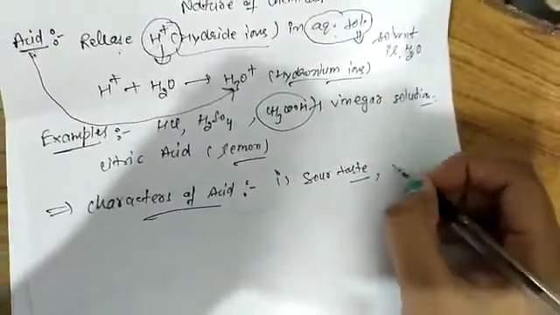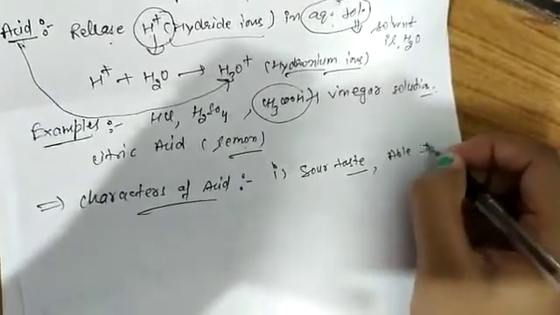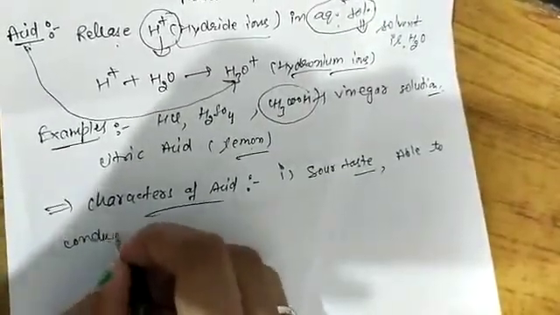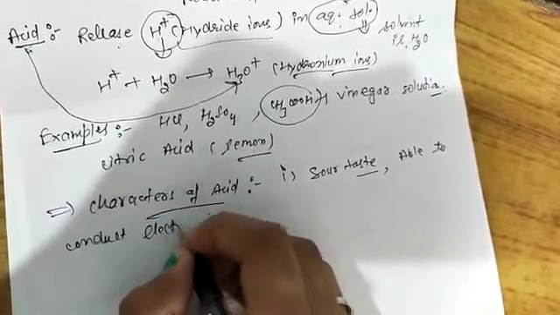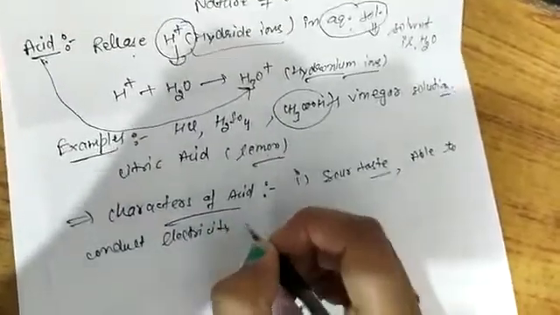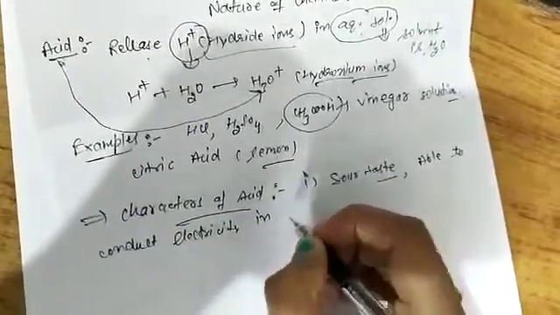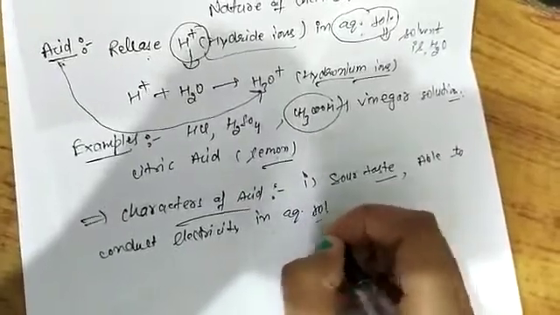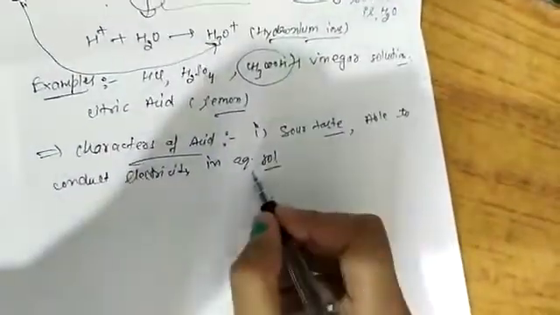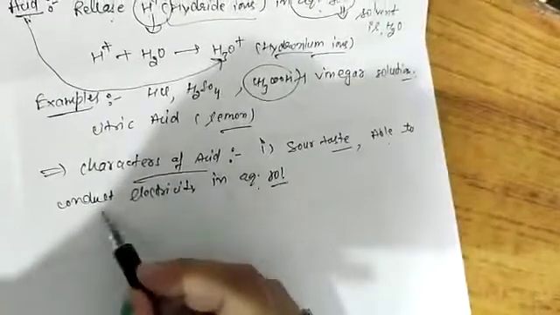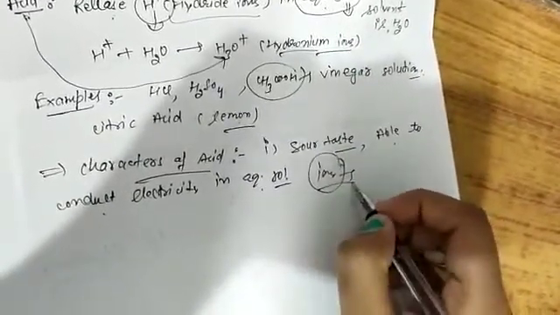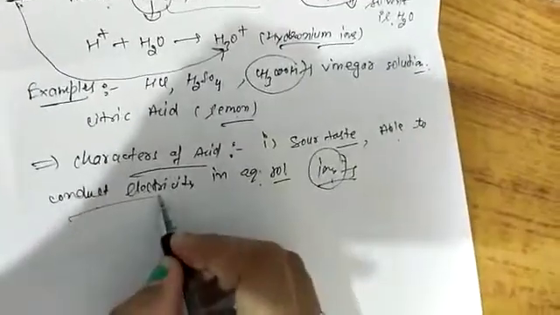Almost all acids are able to conduct electricity in aqueous solution. Why? Because in aqueous solution, acids release ions, and due to the flow of these ions, they conduct electricity easily.